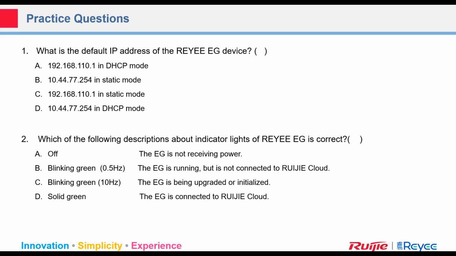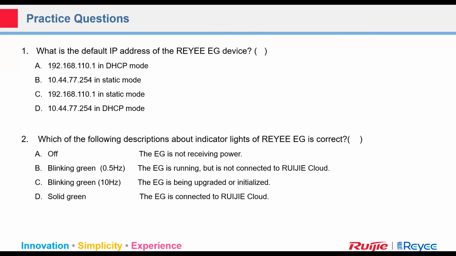All right, let me change to pen. As we went through just now, we have 2 IPs: either 192.168.110.1 or 10.44.77.254. The difference is that one IP is for DHCP and the other is for static.